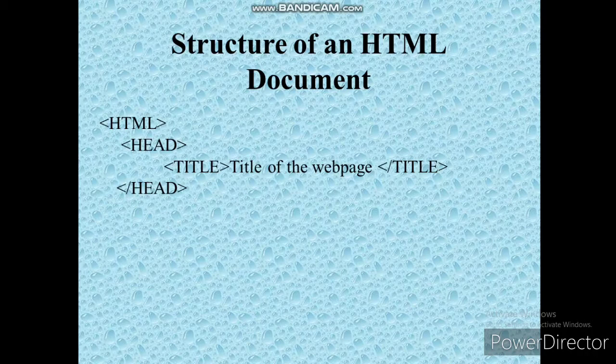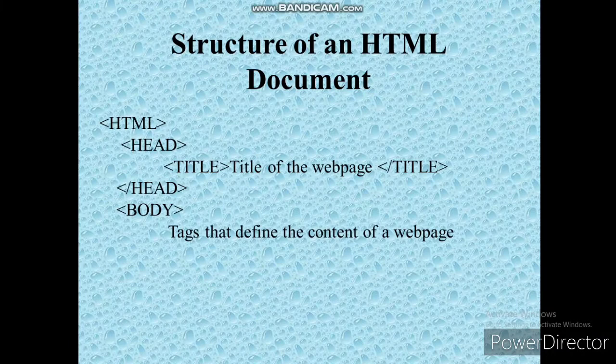In the fourth line, close the head tag. In the fifth line, start the body tag, and after the body tag, define the contents of the page. After defining the content of the page, close the body tag, and in the last line, close the HTML tag. This is the structure of an HTML document.